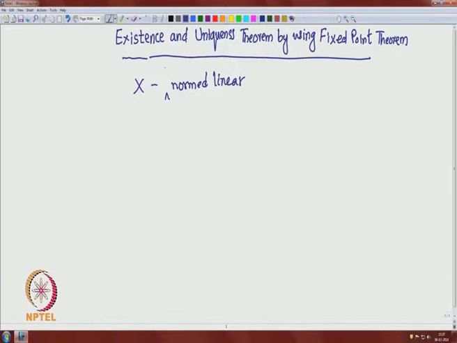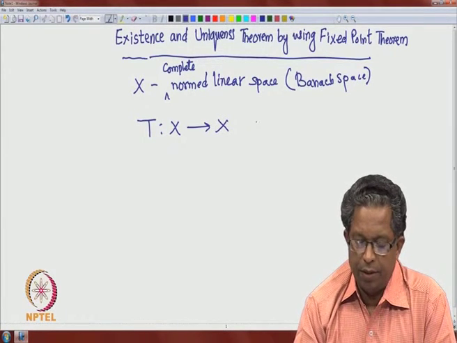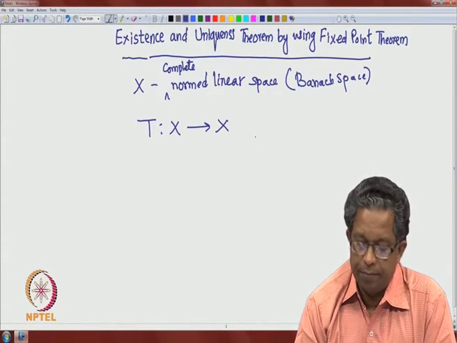Let X be a complete normed linear space. A complete normed linear space is called a Banach space. And T is an operator from X to X. This could be a nonlinear operator.